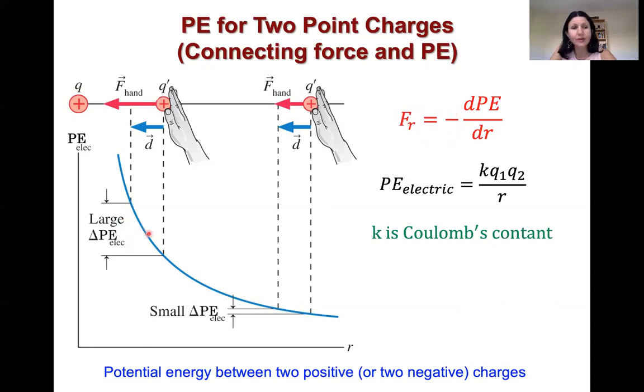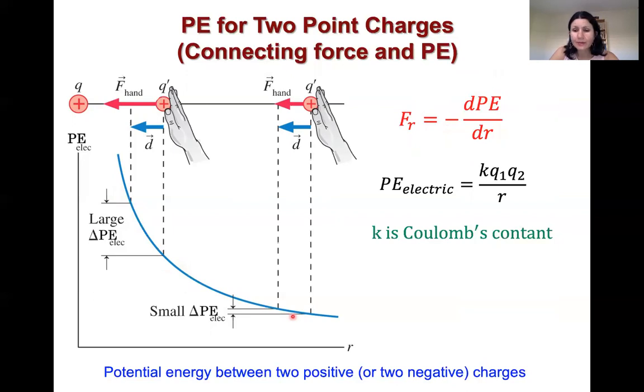Here we know that the force, because we're talking about two like charges, must be in the direction of increasing r, which means that the force is repulsive. It wants to separate the two charges. This is the slope of the potential energy graph. The slope here is negative, but then this negative sign makes the force point in the plus r direction. So that's consistent with the fact that the slope is negative.